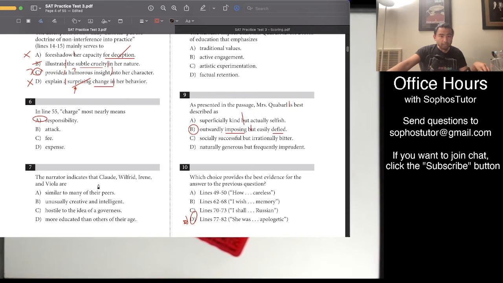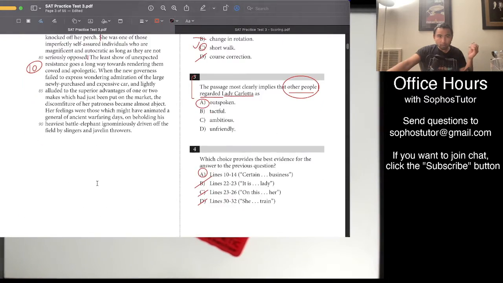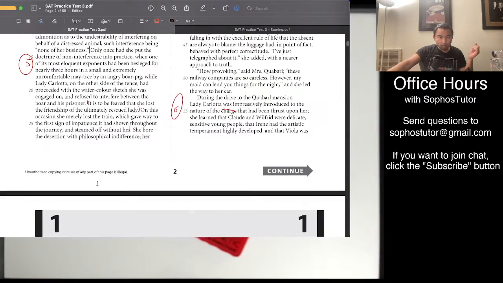The narrator indicates that Claude, Wilfrid, Irene, and Viola are similar to many of their peers. Okay, so where did we hear about Claude, Wilfrid, Irene, and Viola? Those are here, in this paragraph from line 53.